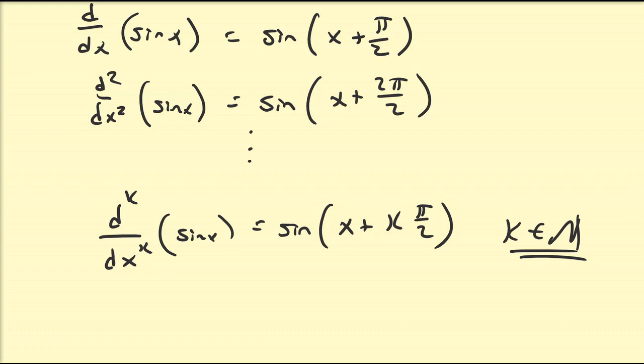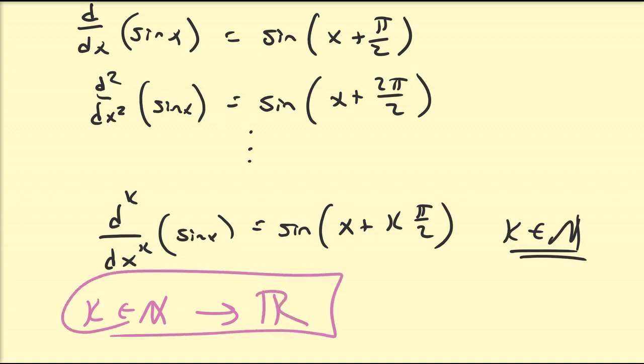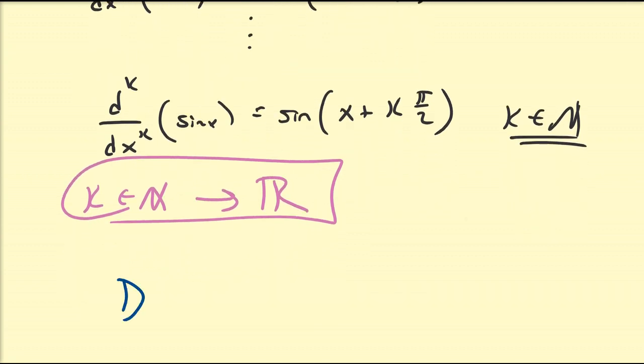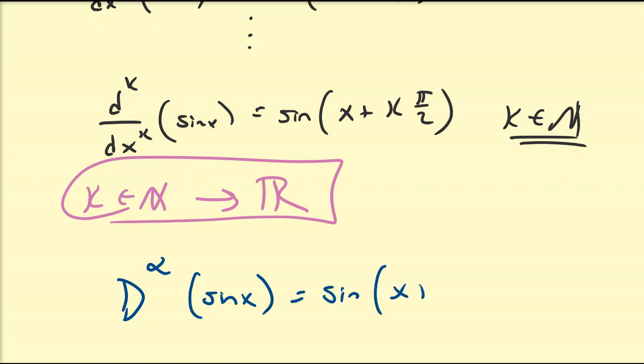There seems to be no issue here, so one can possibly extend k in the natural numbers possibly to the set of reals, or maybe even the complex if we're feeling curious, right? So possibly one can say that the fractional Riemann-Liouville derivative of sine of x is going to be equal to sine of x plus alpha pi over 2.